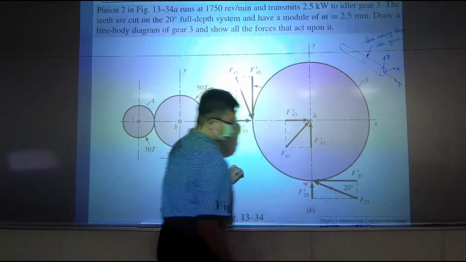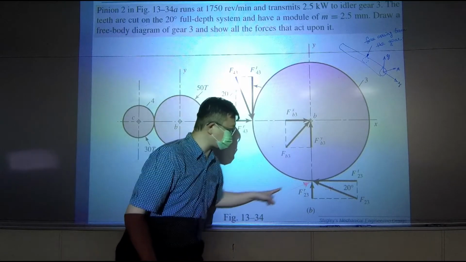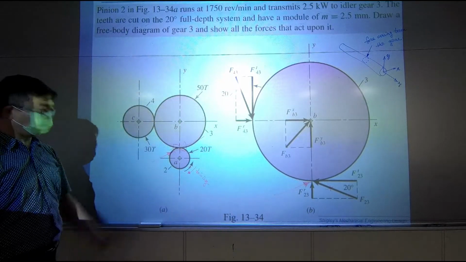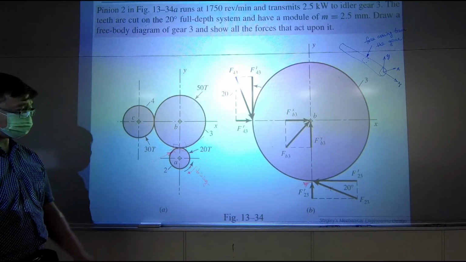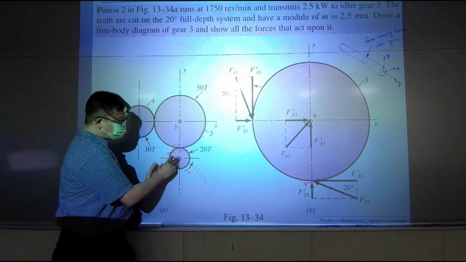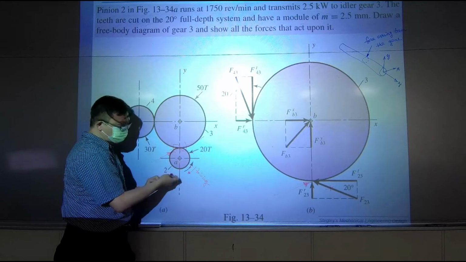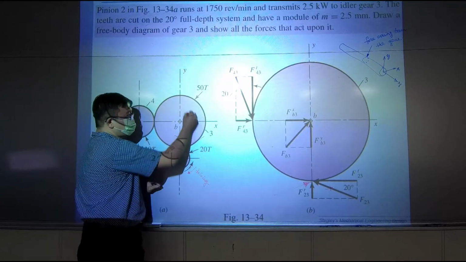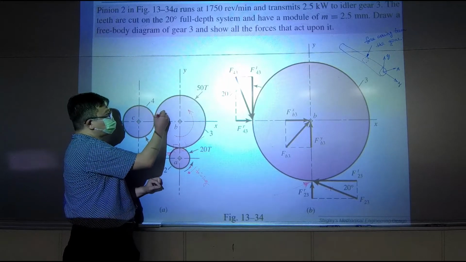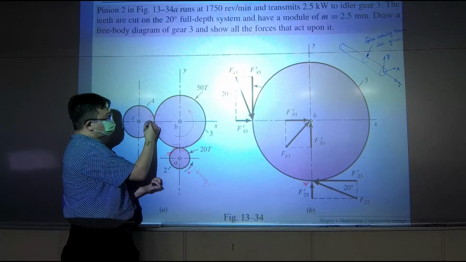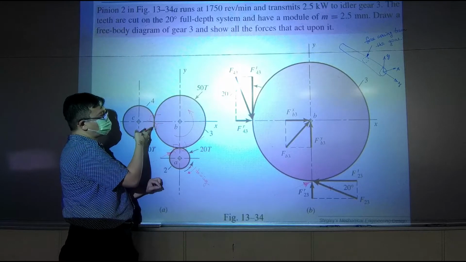This is no longer the external force. The external force comes from this way, if we drive the gear in the opposite direction. Since this gear A rotates clockwise, gear B will rotate counterclockwise. So the tooth right here is going to push the tooth right here.